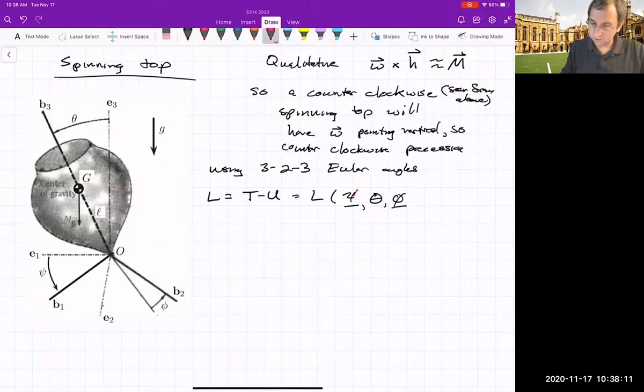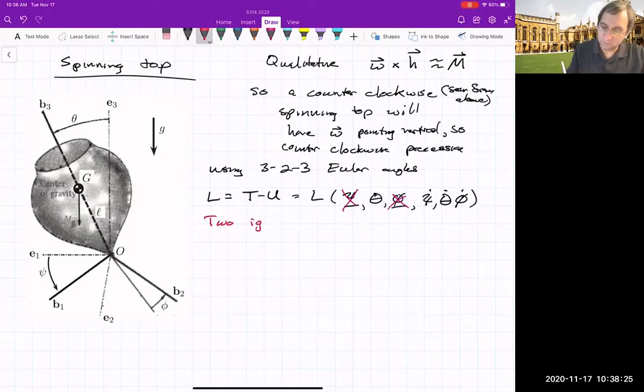So those are actually gone. Although it is a function of their generalized velocities, their rates of change. Okay, so we have two ignorable coordinates, psi and phi, which are related to symmetries.